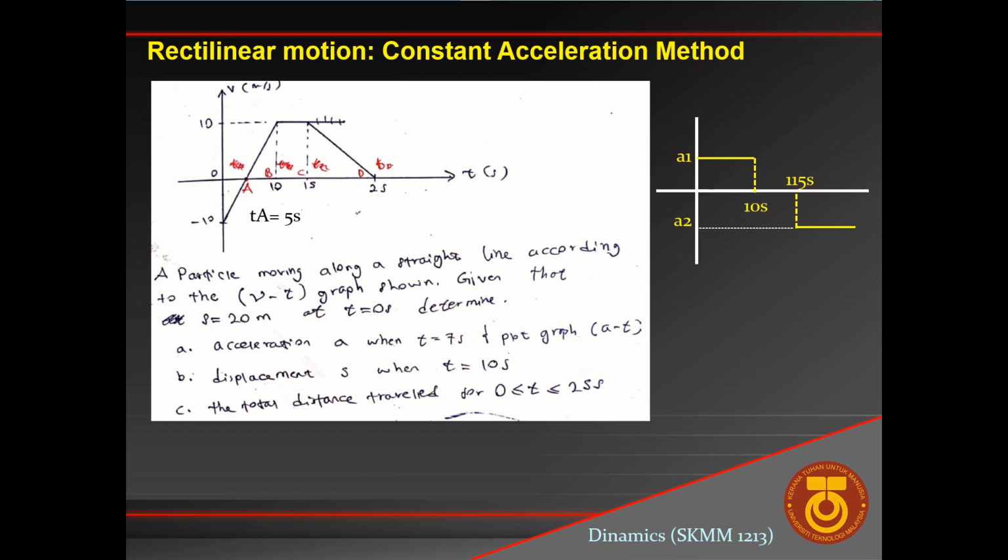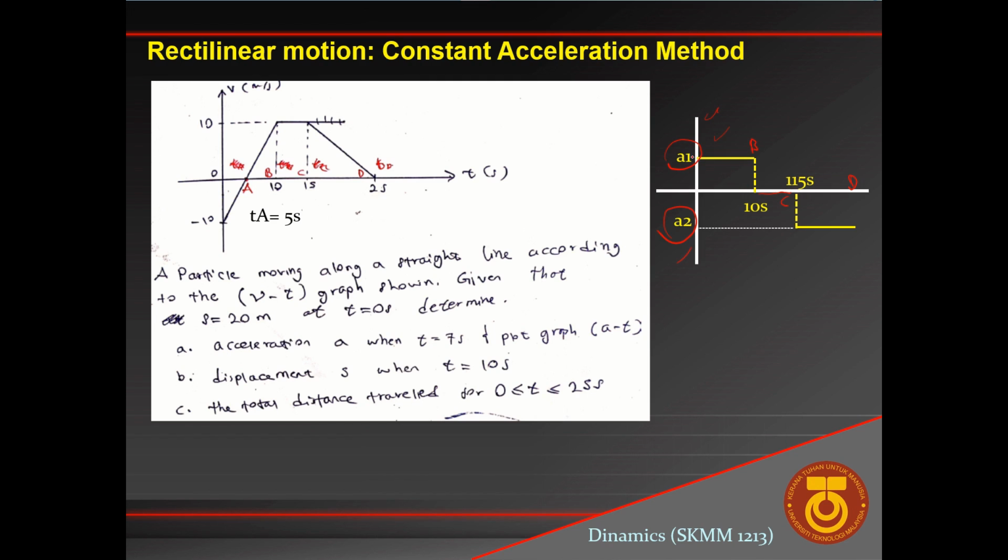We still don't know the values of A1 and A2. From A to B we have one constant acceleration, a equal to A1. C is here and D is here. From B to C we have another acceleration, which is 0. From C to D we have one more acceleration, which is A2. So we have three constant accelerations.